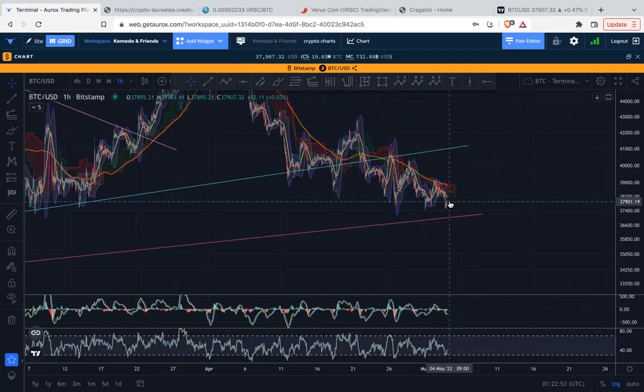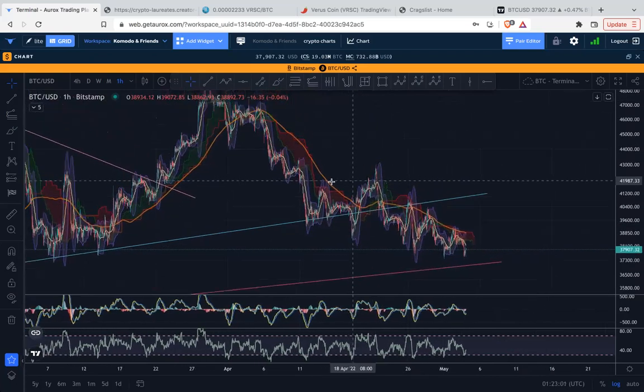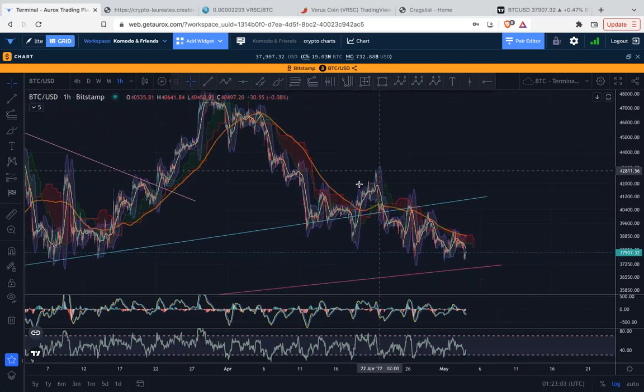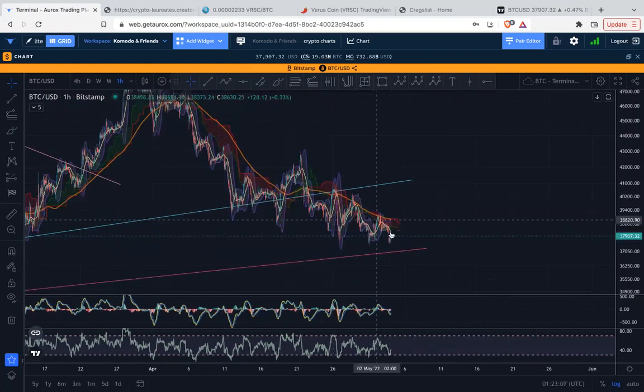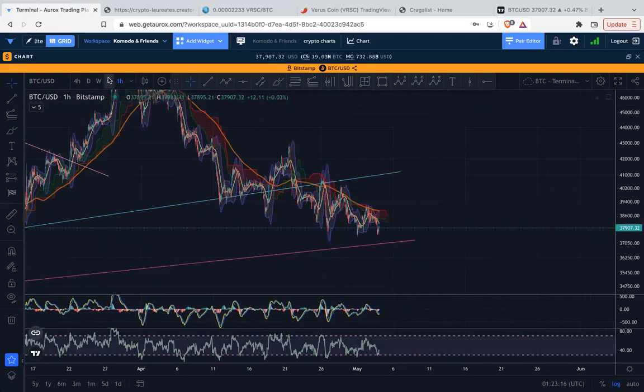On the 1 hourly, you have enough momentum to break higher above the 200 period average, something like this, where it's below, can break high enough above, but then it crashes back down. That's what we're potentially looking for here.